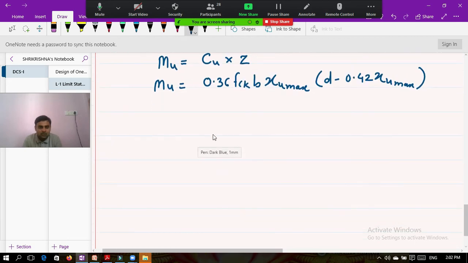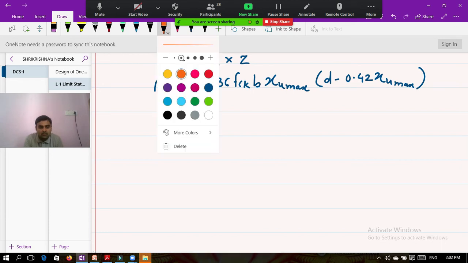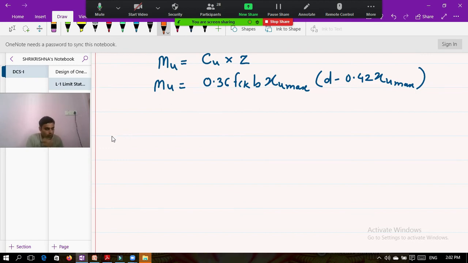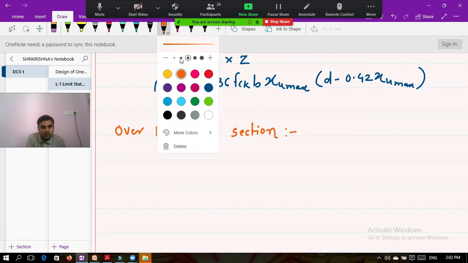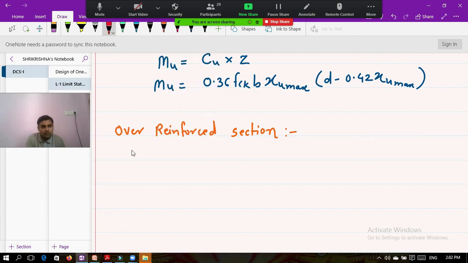So after balanced section, next is over reinforced section. Over reinforced section means what?